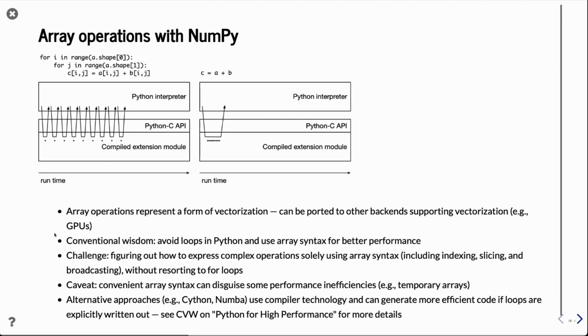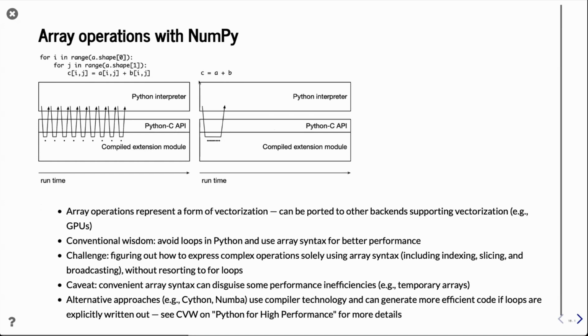And the conventional wisdom here is basically to avoid these kinds of for loops in Python when you're working with NumPy arrays, and use this array syntax using these aggregate array operations for better performance. The challenge in doing this is to figure out how to express very complex operations only using this array syntax.